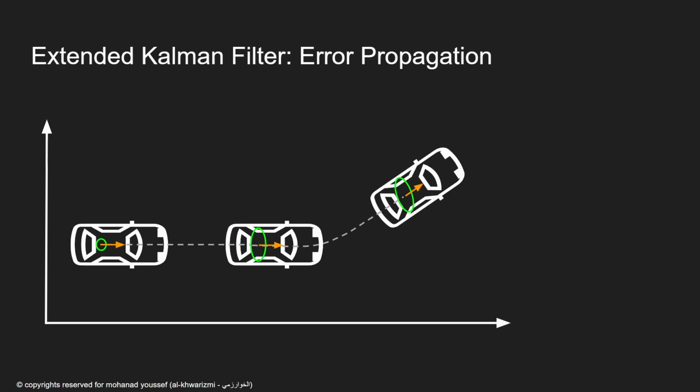So every time we execute the prediction step, we have more uncertainty in our estimate. That's why the ellipse here increases, and the ellipse increases in the y direction, given that we assume that the heading angle has more uncertainty than the longitudinal change in position.